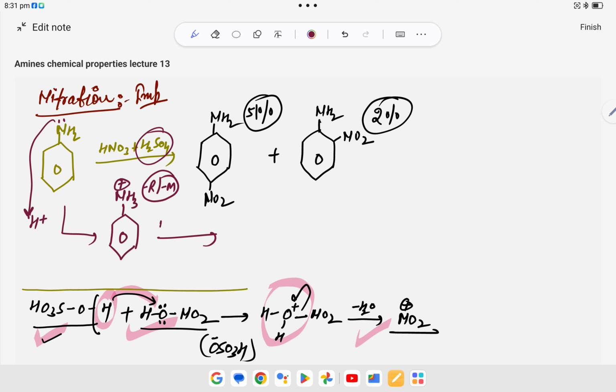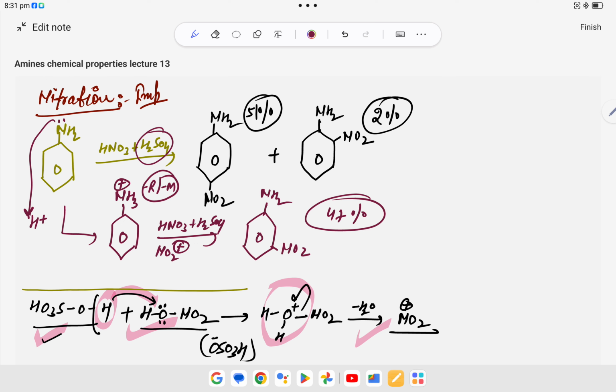That means a meta-directive compound, just like carboxylic acid. The meta product is even more than ortho. 47% meta compound will be formed in the case of nitration. That is the interesting part of this reaction.